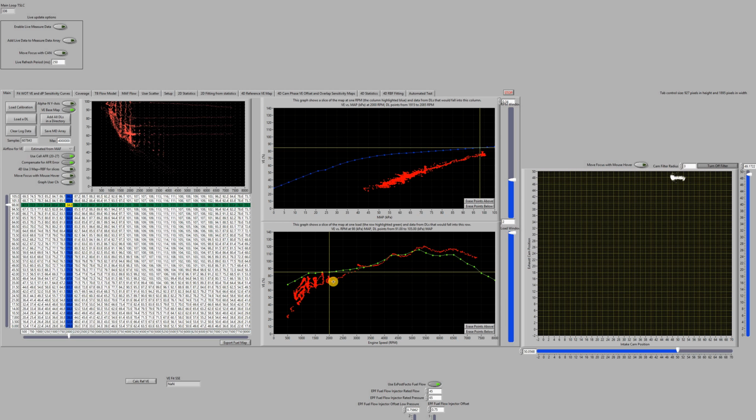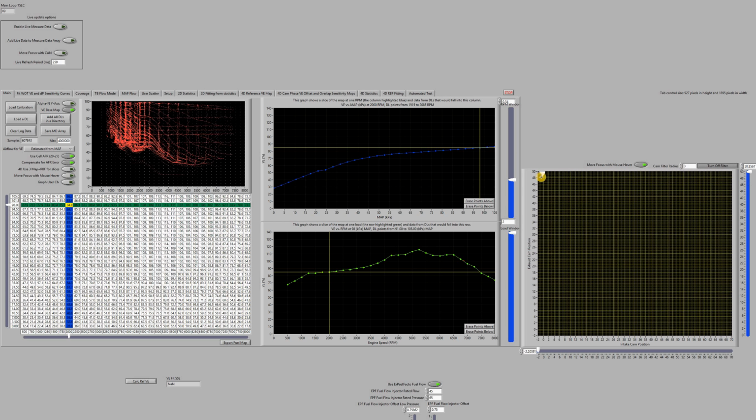Here you can see that at low engine speeds, this particular cam position set yielded less VE here and more VE at the high positions. And you can see that as I move the focus of the cam positions over in this graph, you can see the coverage at a given cam position pair.